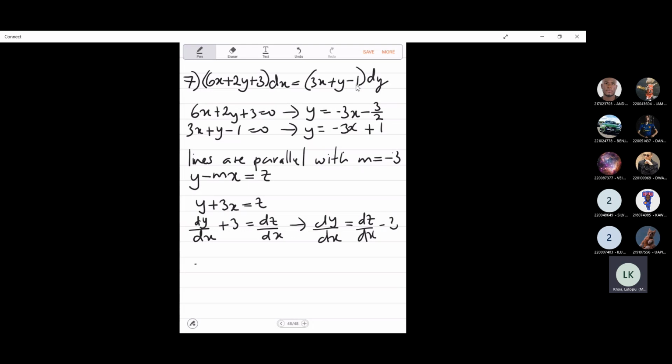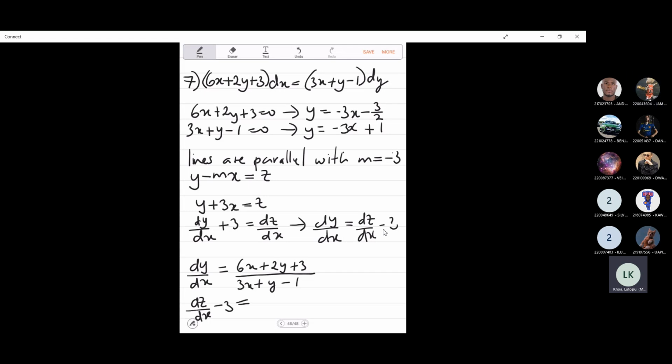So when I do that, I have dy dx. This is equal to 6x plus 2y plus 3 over 3x plus y minus 1. Okay, now I make the substitution. dy dx is this, dz dx minus 3.